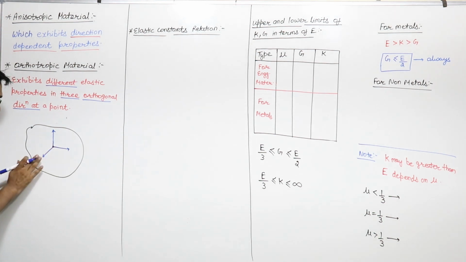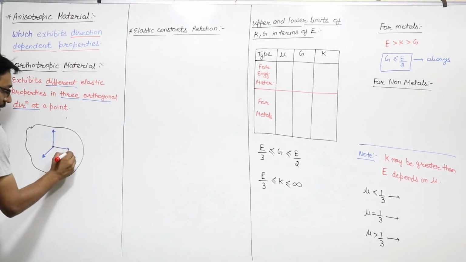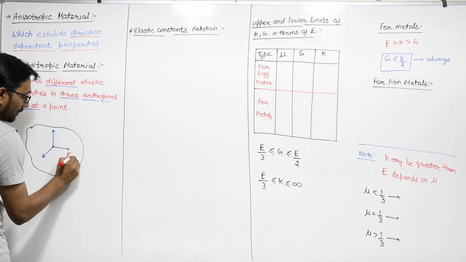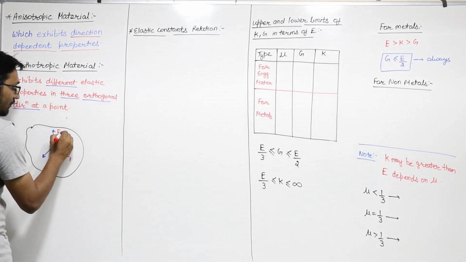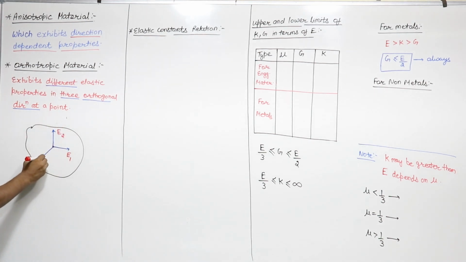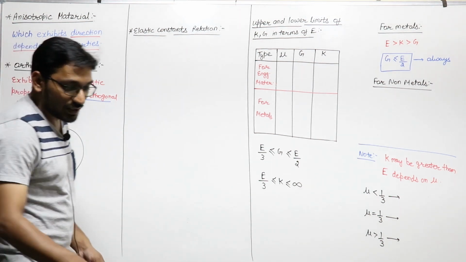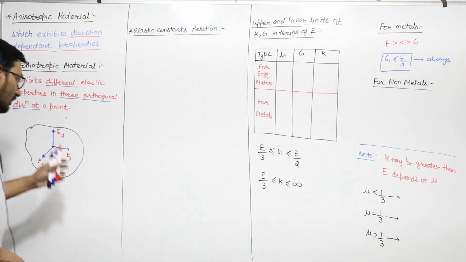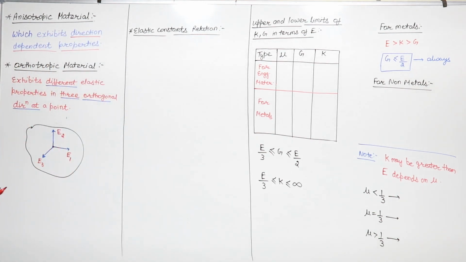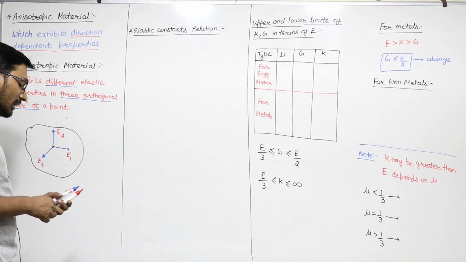In all the 3 perpendicular directions the properties are different. Suppose in x direction the property is E1, in y direction the property is E2, and in z direction the property is E3. So in this case the elastic constants are different in the 3 orthogonal directions.